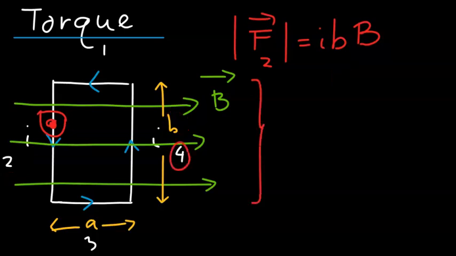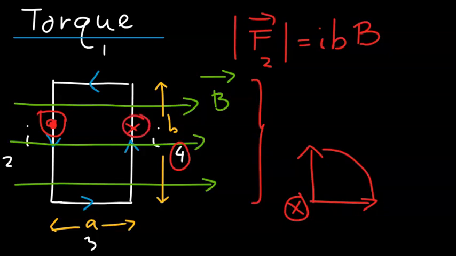Now side 4. For side 4, the length vector is going up, magnetic field is going that way. So as you cross from the length vector to the magnetic field using your right hand rule, your right hand thumb will be pointing into the board. So the magnetic force on side 4 is going into the board.